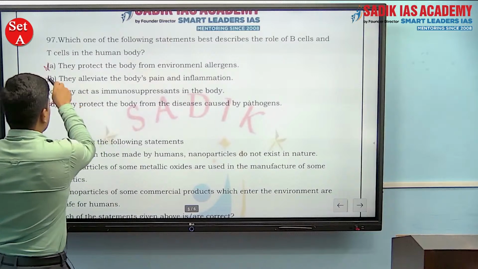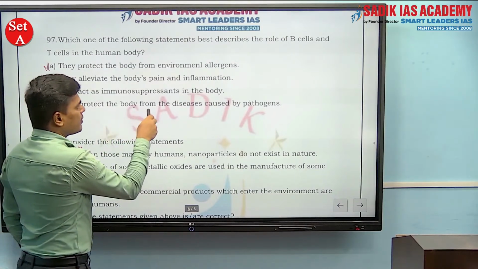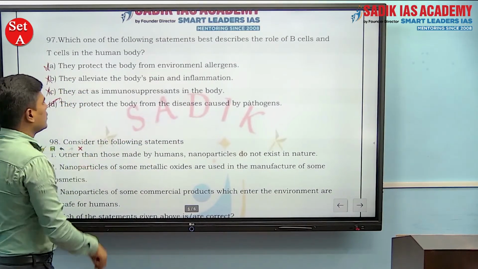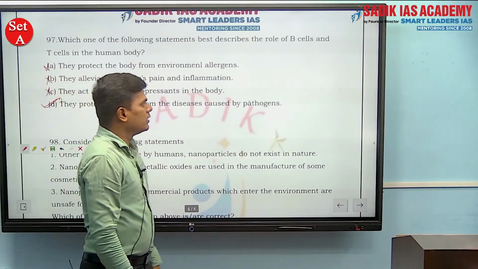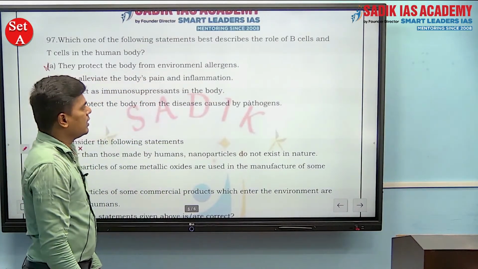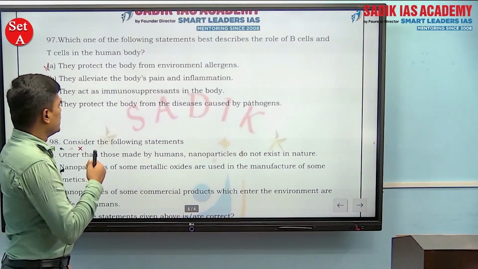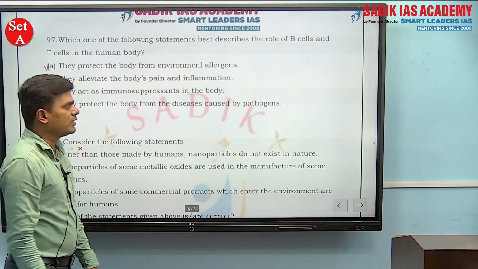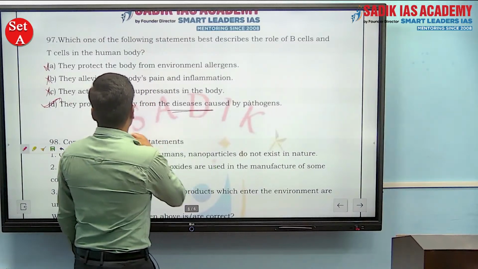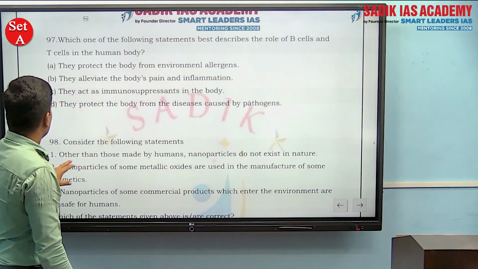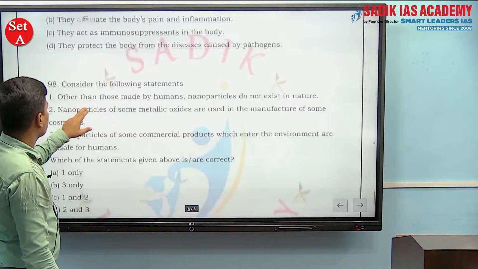No, it is not correct. They act as immunosuppressants in the body? No. They help in the immunity of the body, so it is going to protect the body from disease caused by pathogens. This is the correct statement, I mean the correct answer, option D.